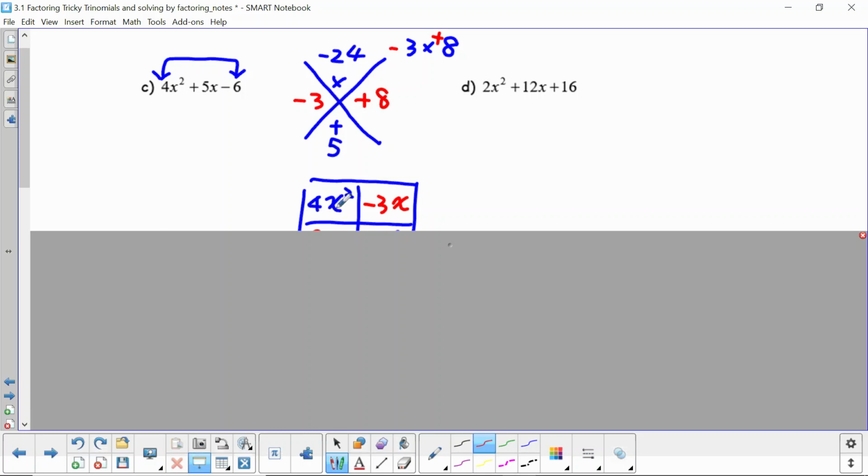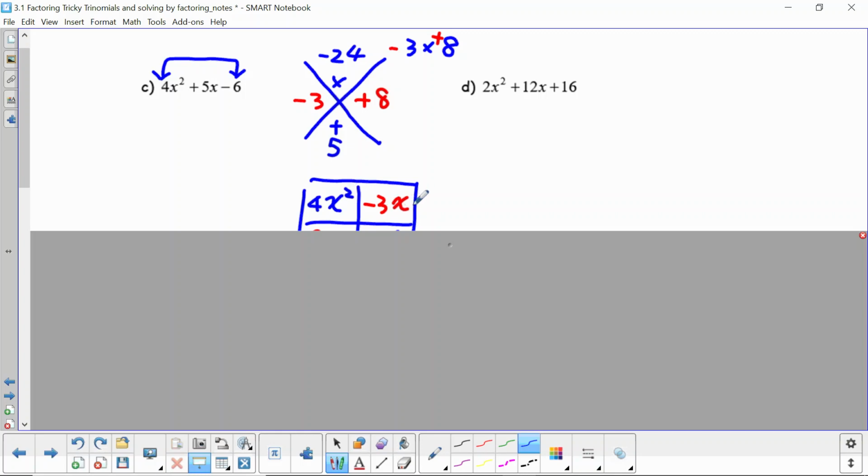Common factoring 4x squared minus 3x. So now you will see it's very important you know how to do the common factoring, because we need common factoring to do the tricky trinomial factoring. We do the greatest common factor for the first row. So 4x squared minus 3x. 4, negative 3, no common factor.